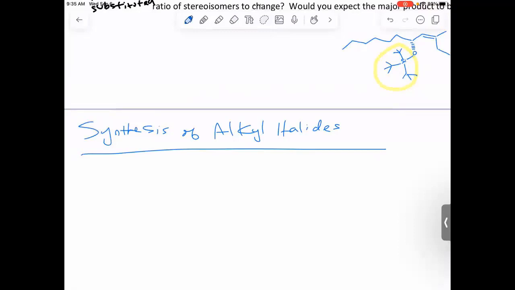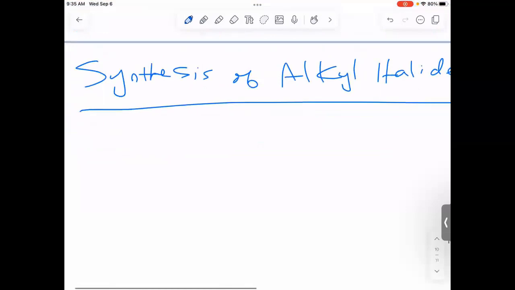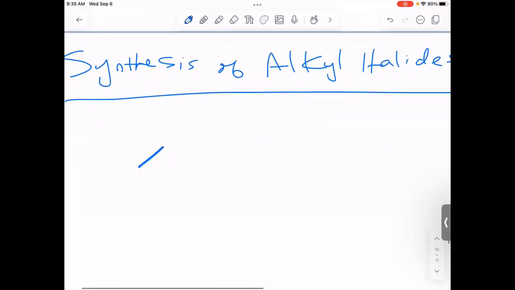From Organic 1, somebody tell me what the definition of an alkyl halide is. It's a type of functional group. Tell me what it is. Anybody? A carbon bonded to a halide or halogen. Excellent, that's exactly right. So let's say I have something like this, and I have a bromine here.